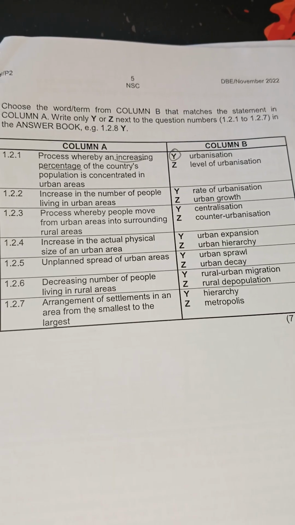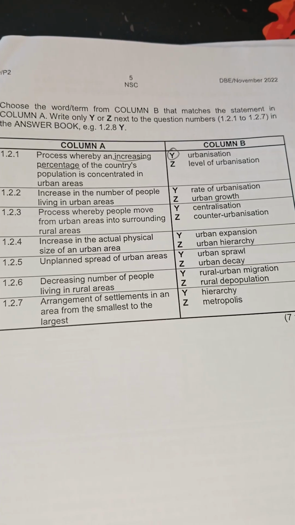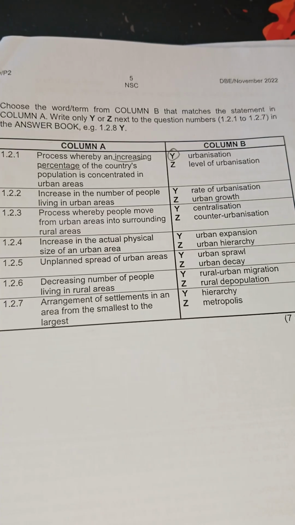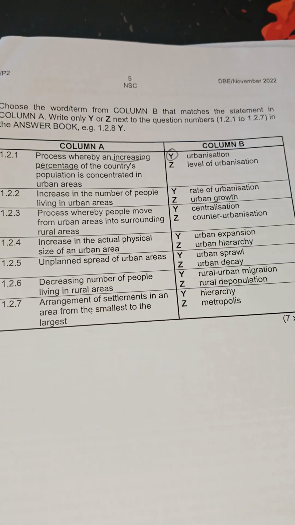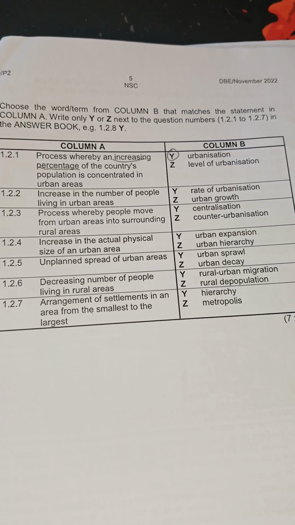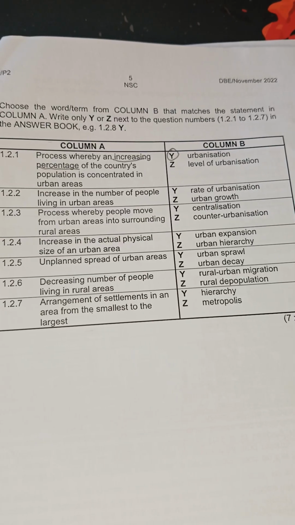I'm going to repeat it again just to make sure that you won't forget it. The process whereby an increasing percentage of the country's population is staying in the urban area. Of course, that is what we call urbanization, which means we have more people staying in the urban areas.